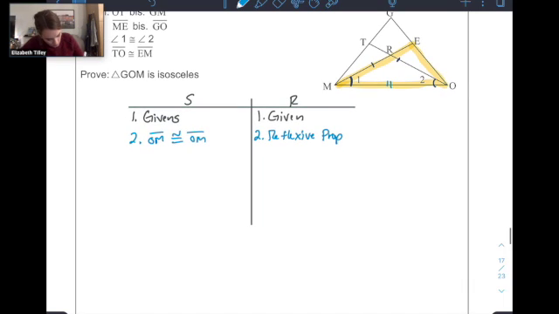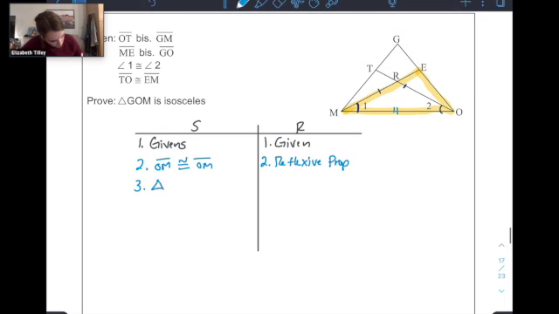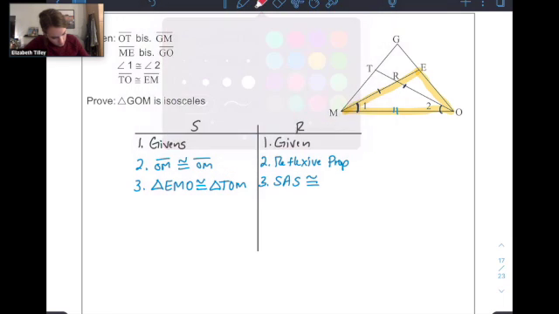And that is going to now make my two triangles congruent. So that is EMO is congruent to TOM by side angle side congruence.